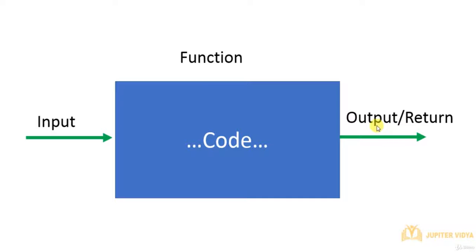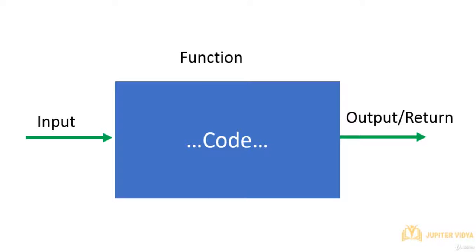So it means output or return is optional, and input is also optional. So function is the basic building block of any program, and the most important thing is a function. When a function is a part of a class, we call it a method. That concept we will see later, but remember, a method is just a function which is inside a class.